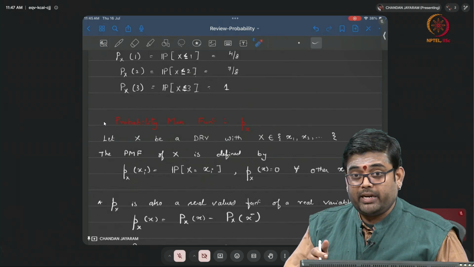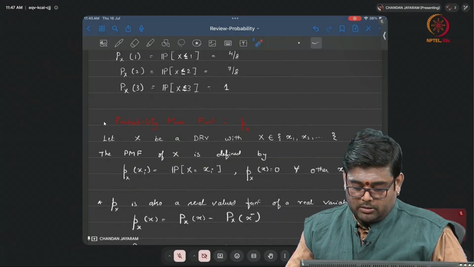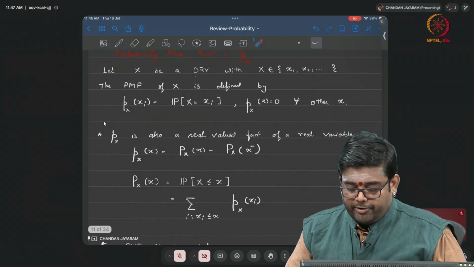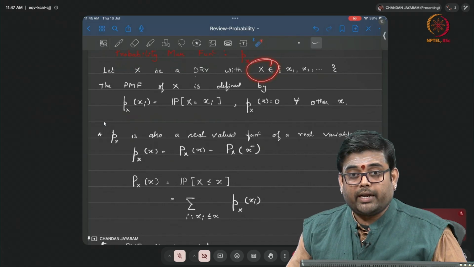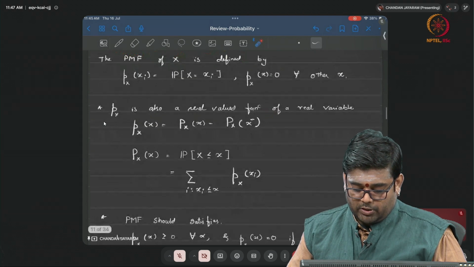See, CDF is probability till that point, whatever probability you have accumulated till that point. So the mass function is the probability at that point. This is only defined for all the x's that our random variable can take. For all the other values, it will be 0. Okay.